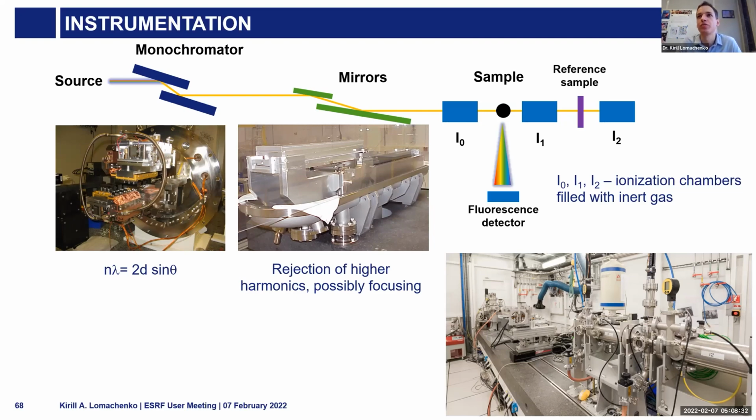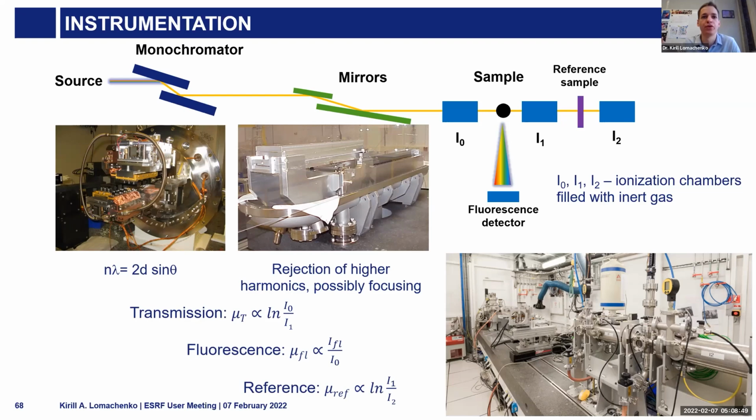And the more photons you absorb, the more holes you create, the more emission photons you have, and so the higher the fluorescence yield. So the fluorescence yield is proportional to absorption, to how many photons you absorb. So you can get an absorption coefficient from the fluorescence, just by dividing the fluorescence intensity by I0. Here it's without a logarithm.